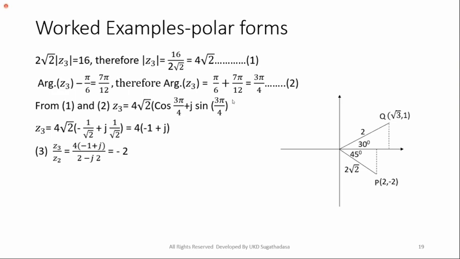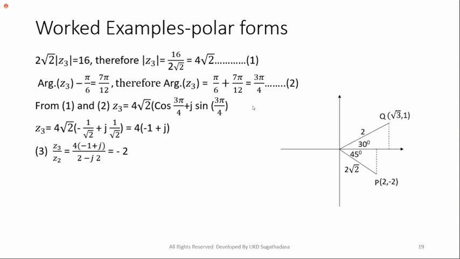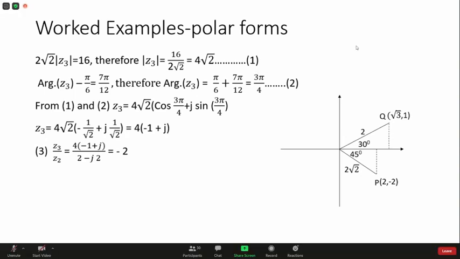From 1 and 2, you get Z3 equals this complex number. Remember, for the final question, you have to convert this one to Cartesian form again. Very critical, right? You have to brush up your knowledge in trigonometry. What is cos 3 pi by 4? That is 135 degrees, second quadrant, cosine negative.